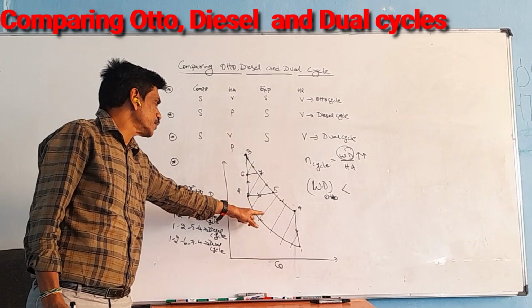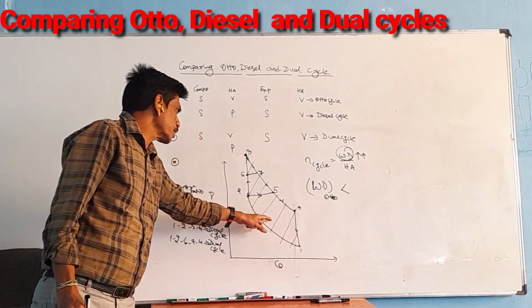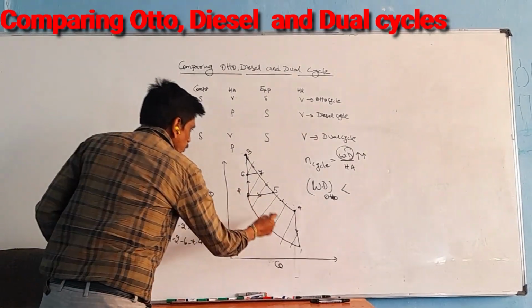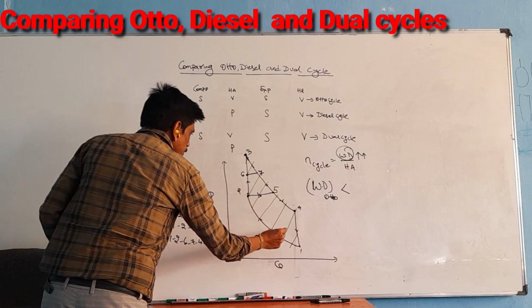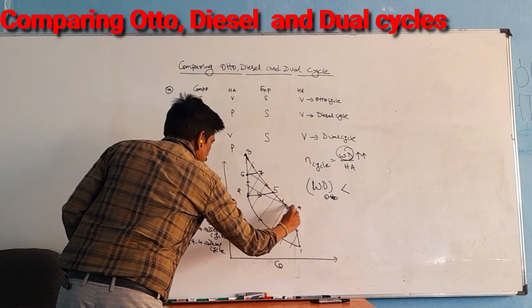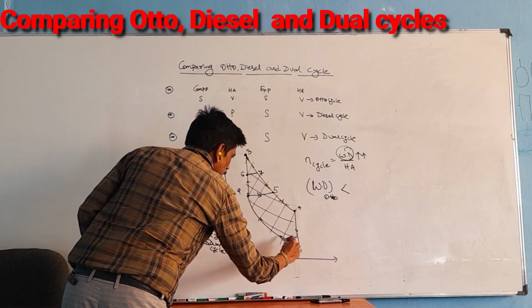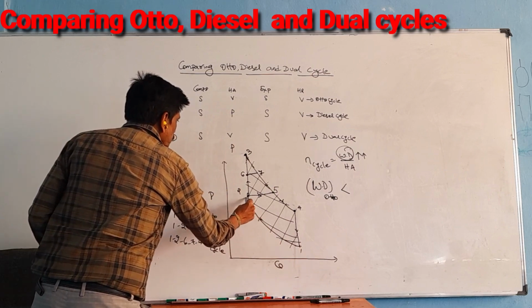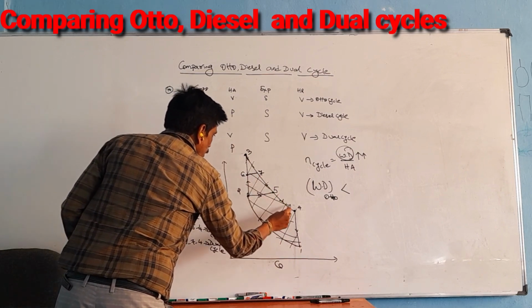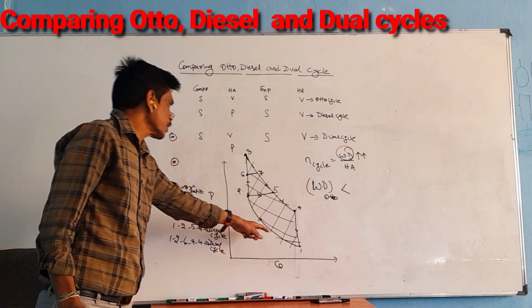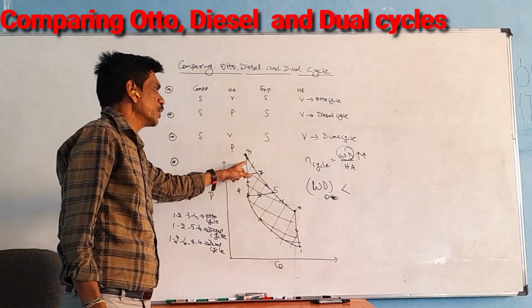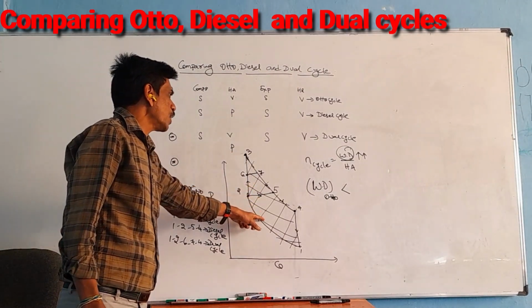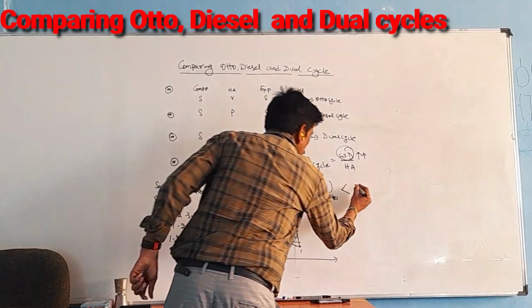Then the next cycle you can see is the dual cycle. The area is this much, the area enclosed between 1, 2, 6, 7 and 4. So the Otto cycle has more area, then in order the dual cycle will come.